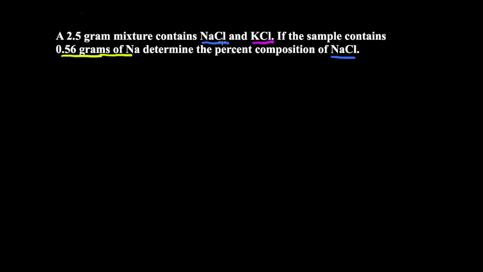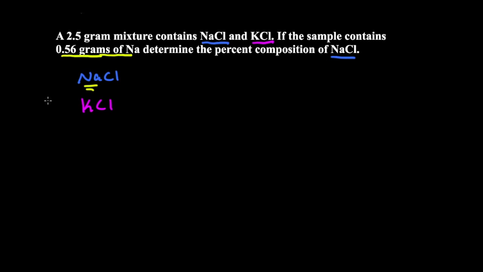So when you do this problem, you could think of it as that we have NaCl, and then we have this KCl over here. And we know that we have this Na right in here. So if we know that this small piece right here is part of the NaCl, we can figure out the piece of this that goes together.